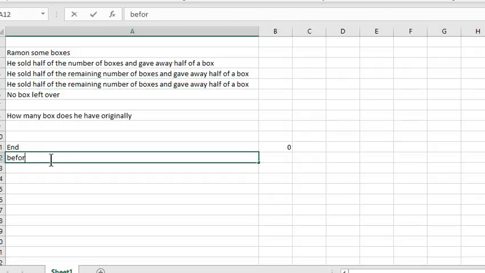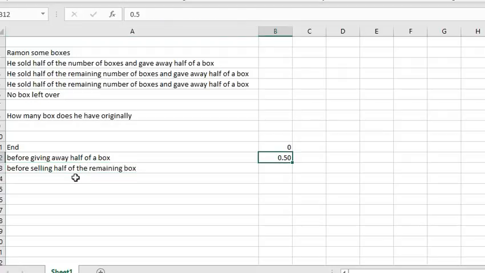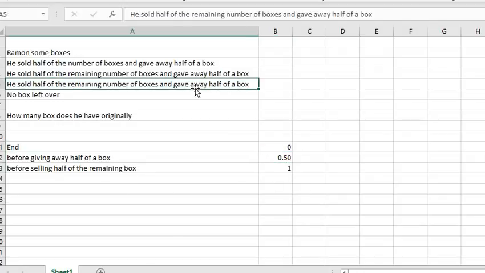So before giving away half of a box, then before selling half of the remaining box. Since the opposite of selling half is doubling, we're going to double 0.5, which is going to be 1. So we're done with this part here.